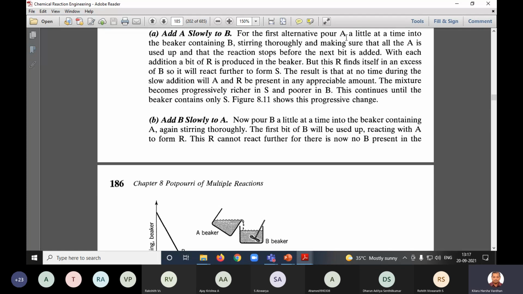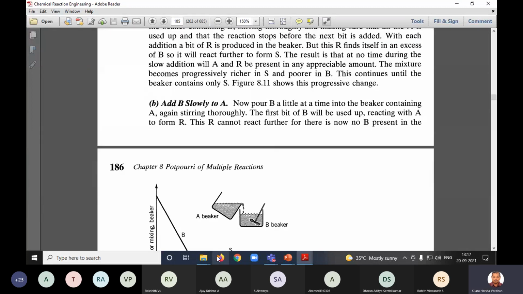For the first alternative, pour A a little at a time into the beaker containing B, stirring thoroughly and making sure that all of A is used up, because all of A is used up here. Then the reaction stops before the next bit is added. The moment one drop is added, it reacts, so it waits for the next drop to come.